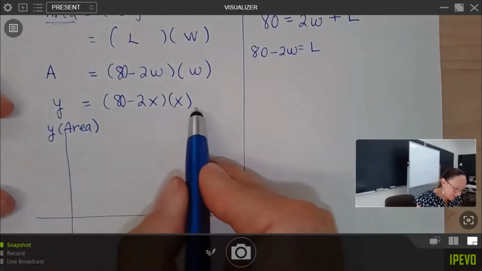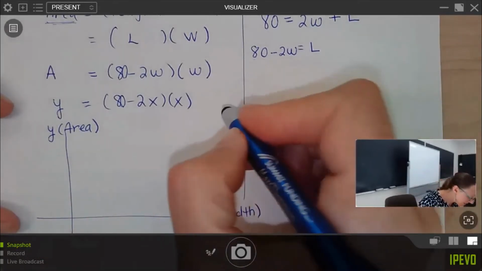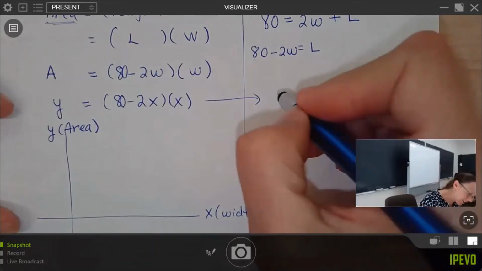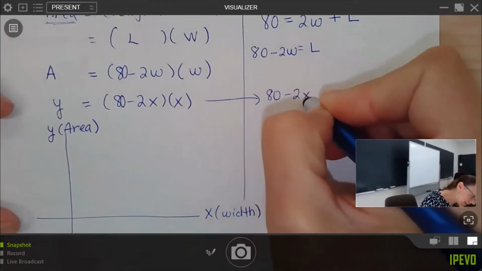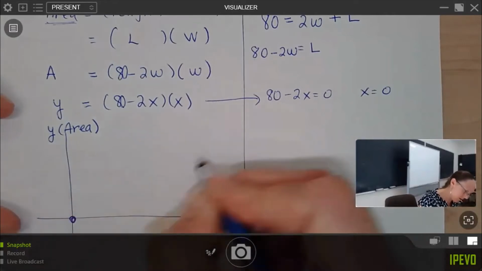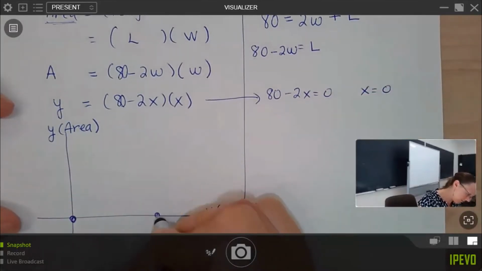Well, this is already in factored form. Since it's in factored form, I know what the x-intercepts are. My x-intercepts are going to come from 80 minus 2x is equal to 0 and x is equal to 0. So what's that, 40?